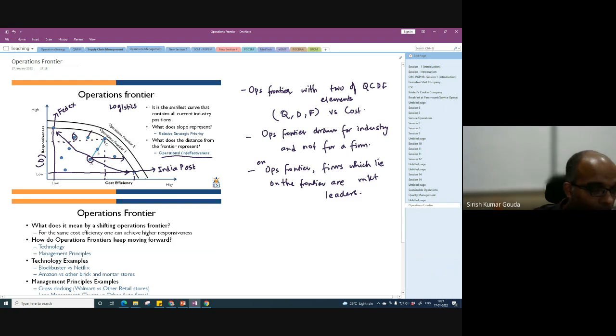That means that for a given kind of technology and a given kind of resources, a firm on this operations frontier is supposedly doing the best it can, and hence we call that the market leader. Now, as technology changes and things become more and more optimized, the operations frontier definitely moves in the upward right direction, right?